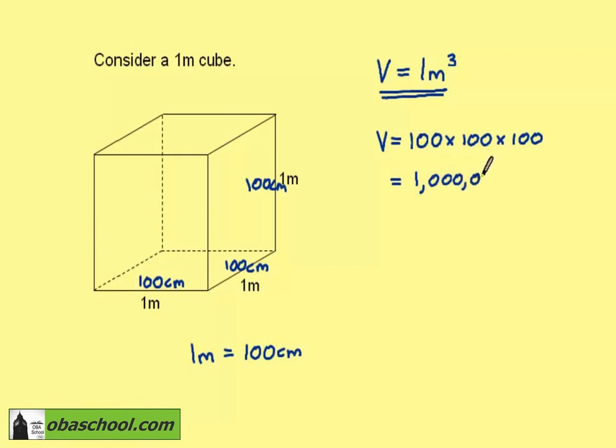And the units this time, since we're measuring lengths in centimeters, is centimeters cubed. It follows then, since it was the same cube, that 1 meter cubed is the same as 1 million centimeters cubed.